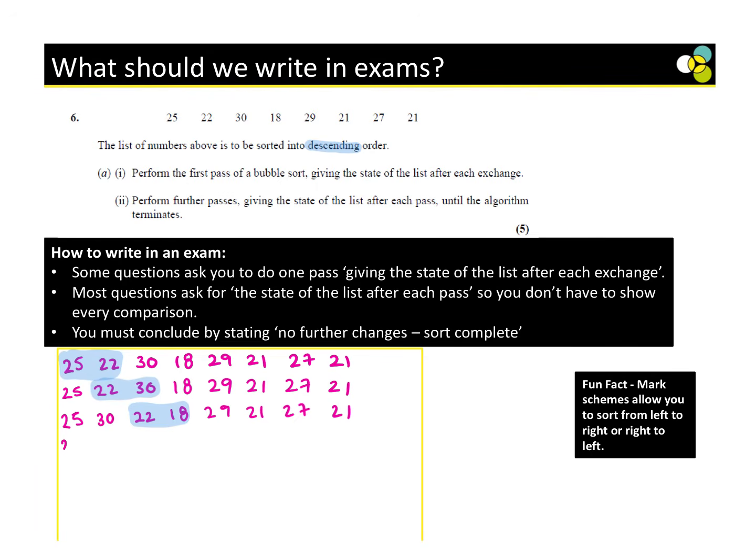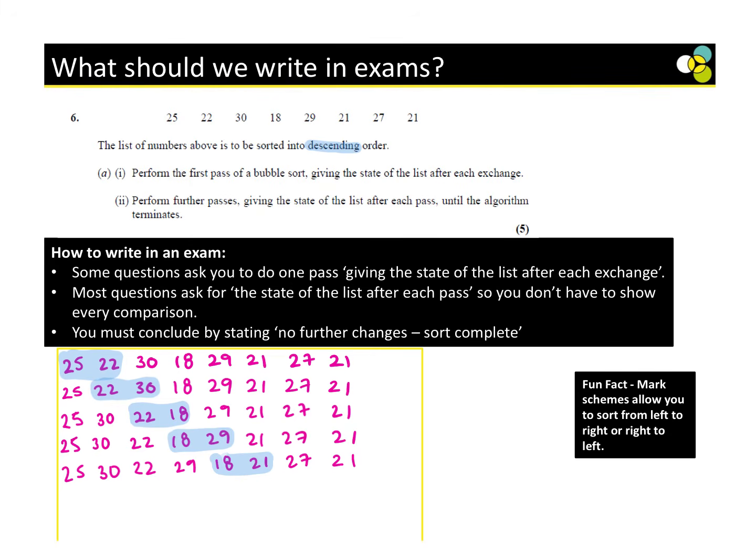Okay, 25, 30, 22, 18, 29, 21, 27, 21. The next one we're looking at is 18 and 29. I've just realised I'm writing too many steps, but I'll show you the ones that we need to do, which we are going to swap. So 25, 30, 22, 29, 18, 21, 27, 21.